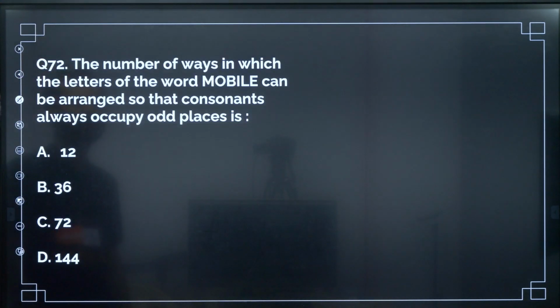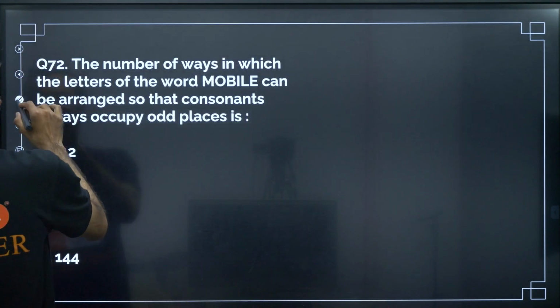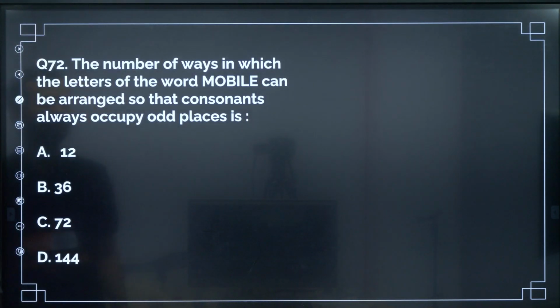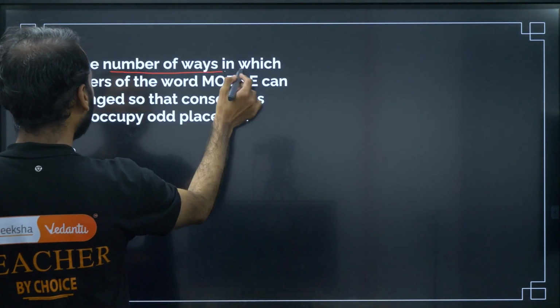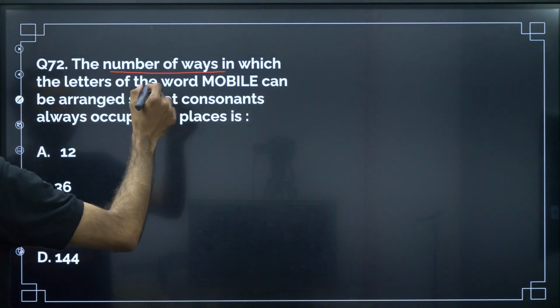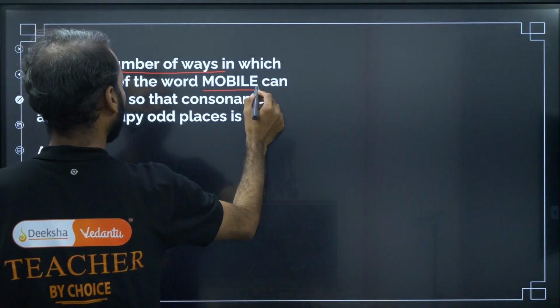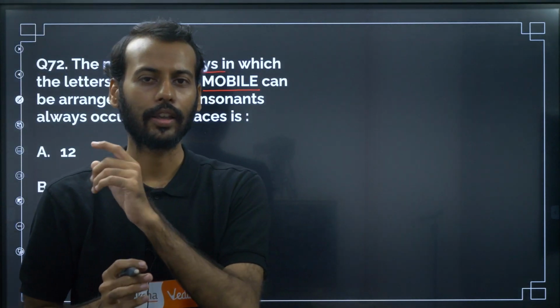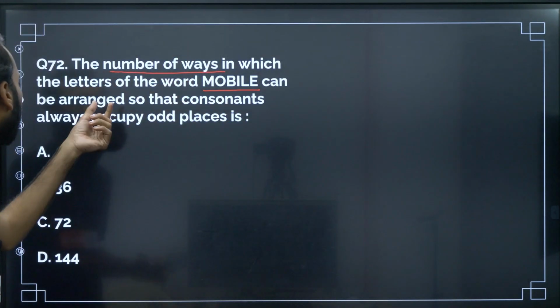The number of ways in which letters of the word MOBILE can be arranged so that consonants always occupy odd places. What is the question? They are asking the number of ways in which the letters of the word MOBILE, M-O-B-I-L-E, all these letters can be arranged.